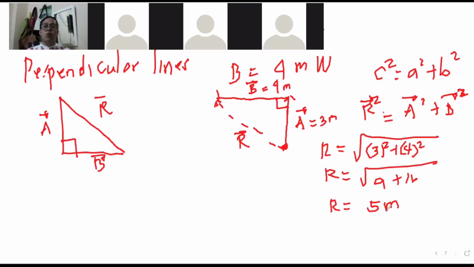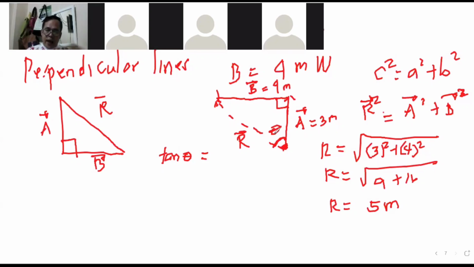So this one is only the magnitude of the resultant vector. The question is, what is the direction? And you will see this one is the direction. Where you started, that is where the angle we are solving is. That's the direction that we are solving. And here, you are going to use the tangent function. So tangent theta is opposite over adjacent.